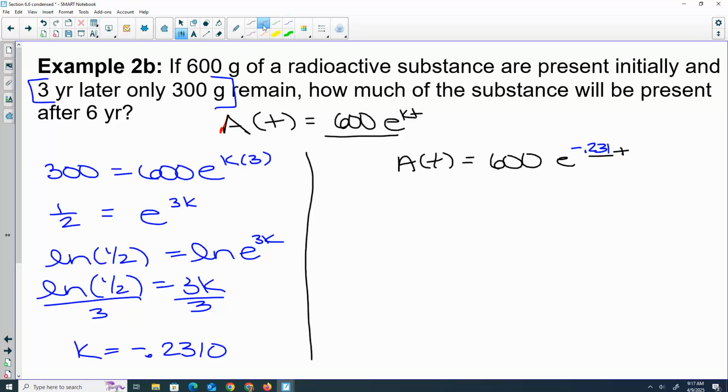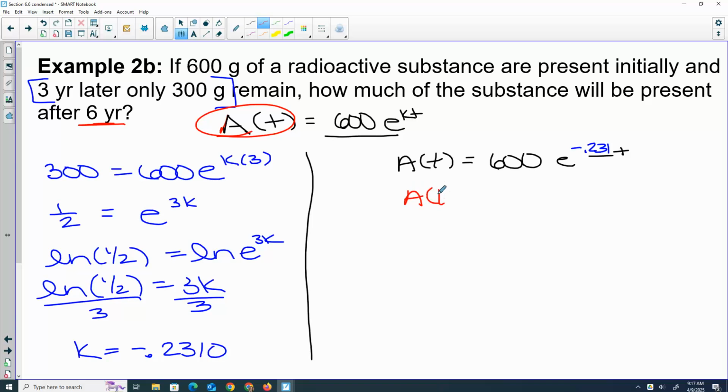Why do you not have time next to A of t? Oh, this is just function notation, just kind of like f of x. It's the same thing as your y. So now I want to know how much we have present after 6 years.